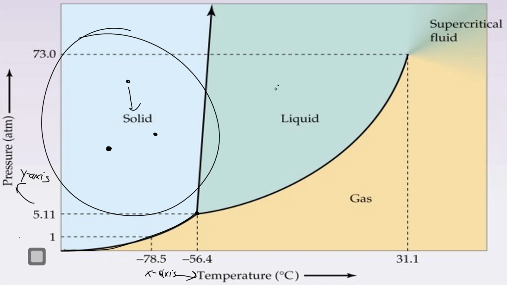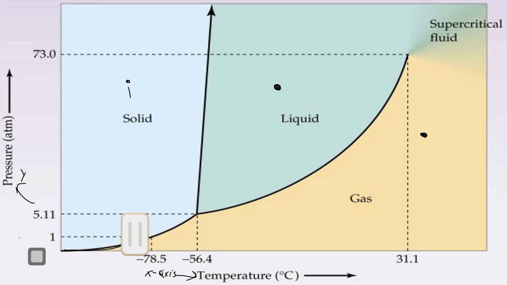If my data point lands in this middle section, you would say, I'm in a liquid state. If you land over on the right-hand side, that means you are a gas. So I will give you a temperature and a pressure, and you just have to line up those two spots and go, where are you? And that would be representing the phase that you are.